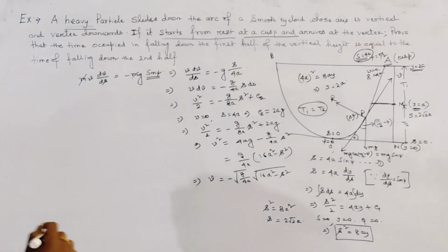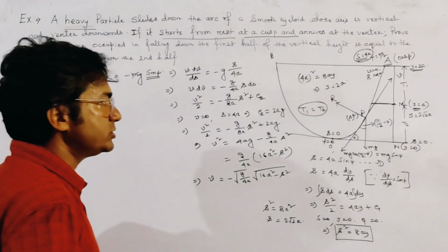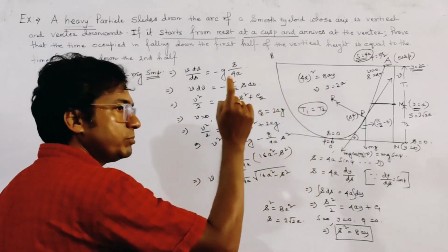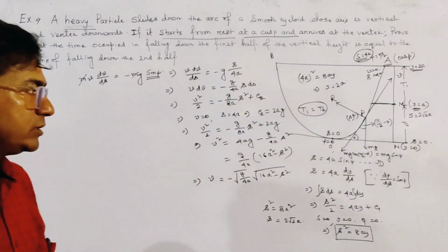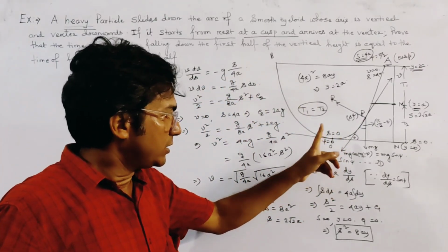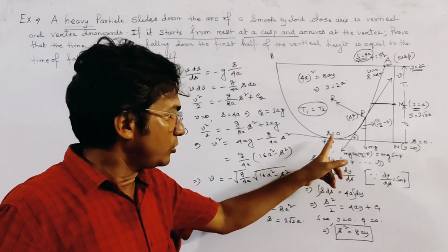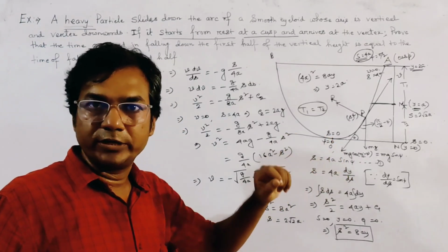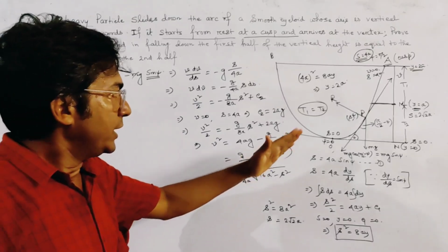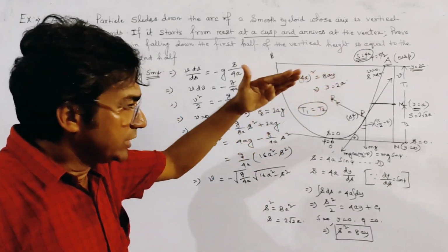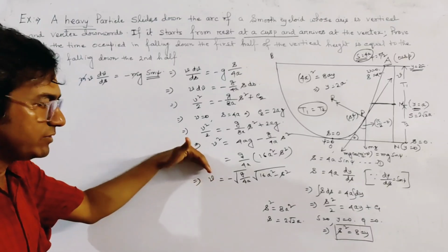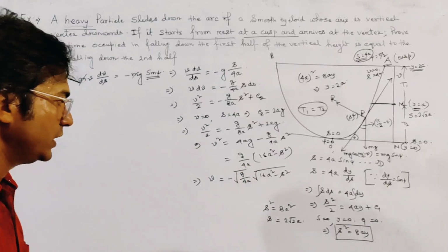here a minus sign because the velocity is in the downward direction, that is the decreasing direction of S. We measure the arc length S from the vertex, and the vertex is at the lowest point. Okay, so velocity tries to decrease the S, so we get ds by dt, that is the velocity, as negative.